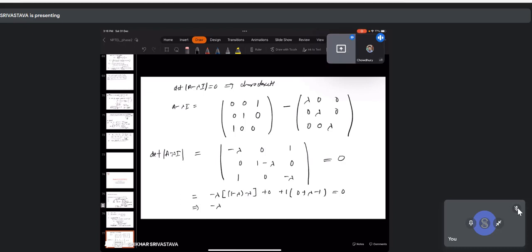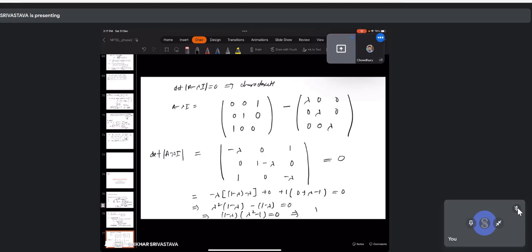So minus will come out, so it will be lambda square times (1 minus lambda) minus (1 minus lambda) equal to 0. So you take (1 minus lambda) common, and you're left with lambda square minus 1 equal to 0.